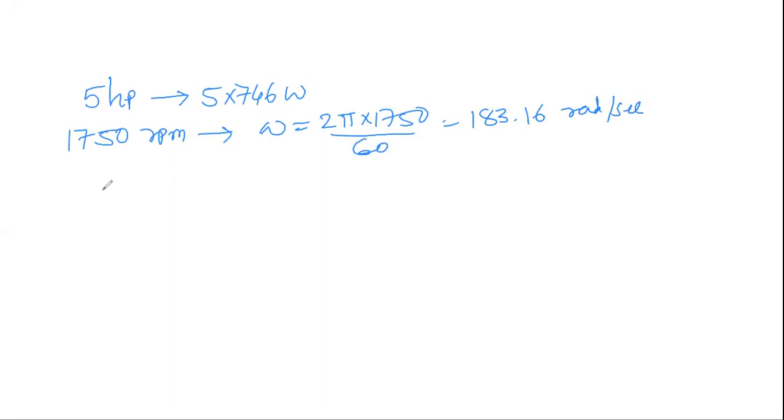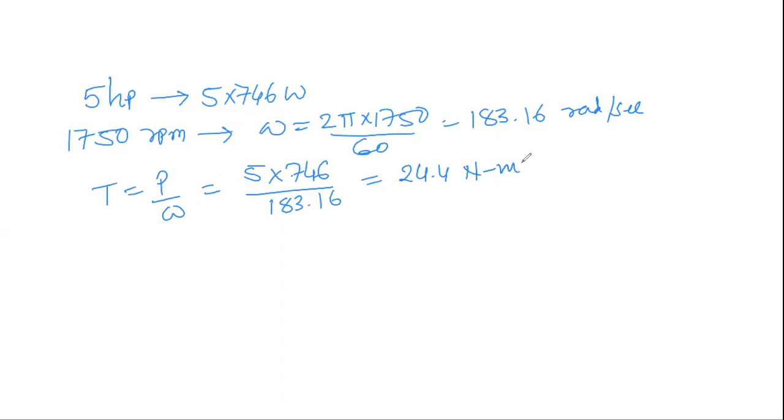Once you have this, you are supposed to calculate the rated torque. Rated torque is nothing but rated power divided by omega. So the rated torque calculation is 5 into 746 divided by the rated speed, 183.16, and this comes out to be approximately 24.4 Newton meter.